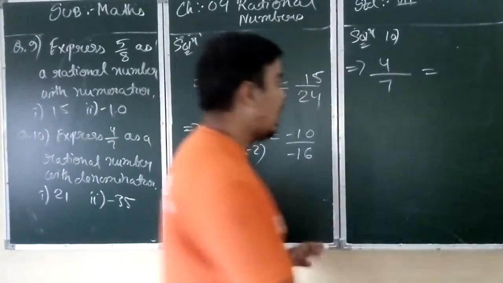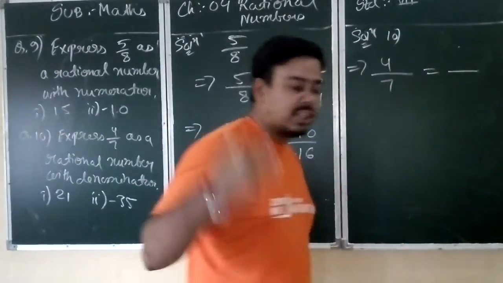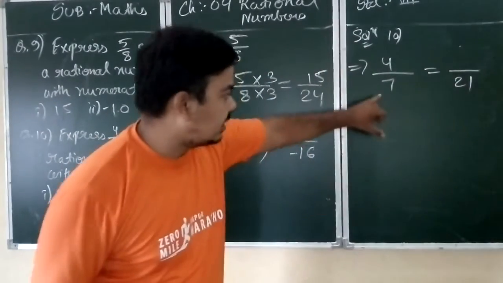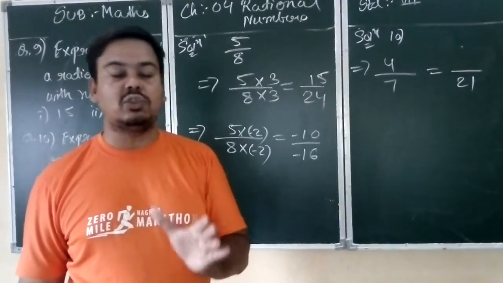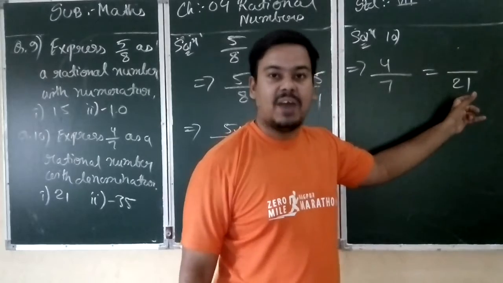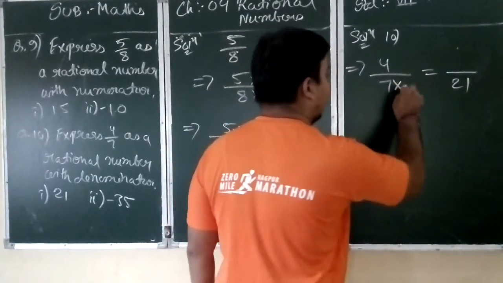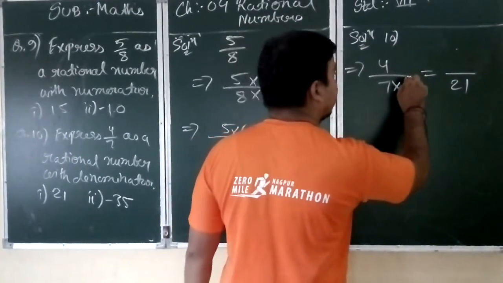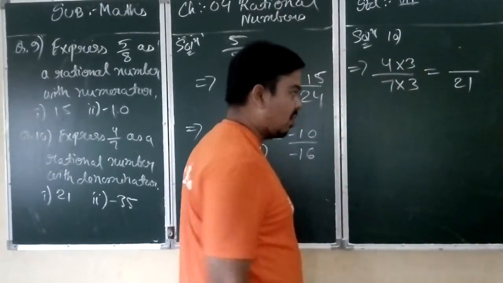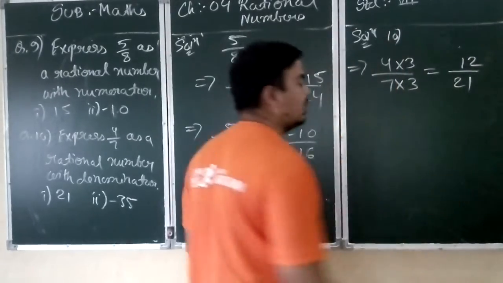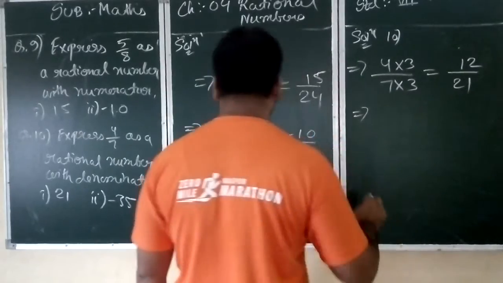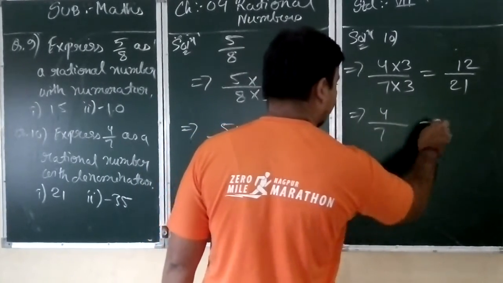Now, 7 is multiplied by which number to get the answer 21? 7 is multiplied by 3. So the numerator is also multiplied by 3. 4 times 3 is 12, 7 times 3 is 21. Then again 4 by 7.